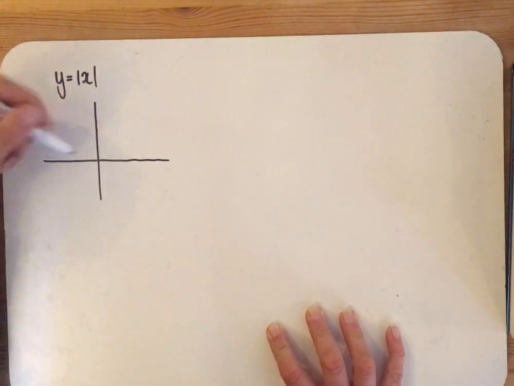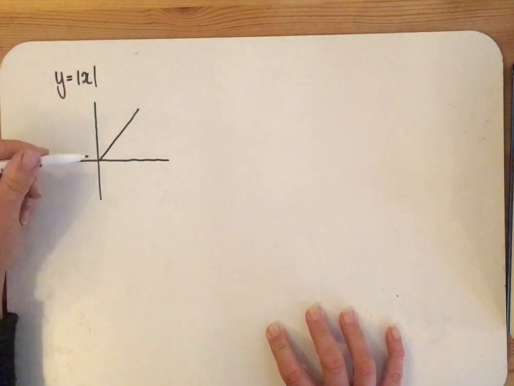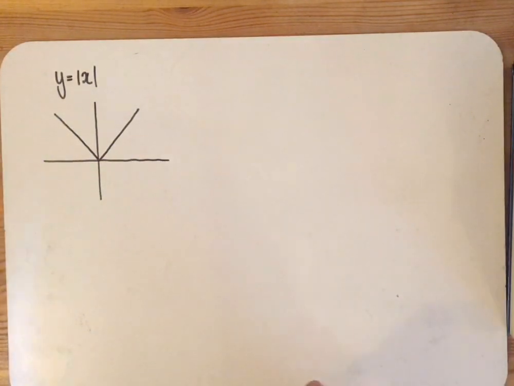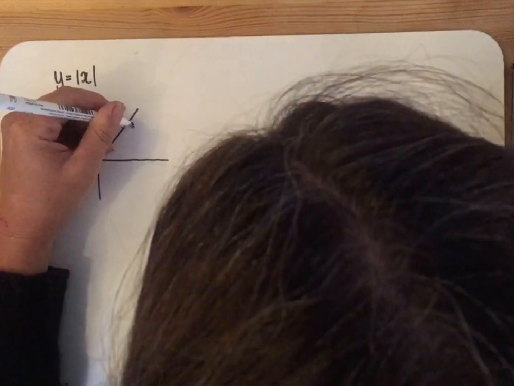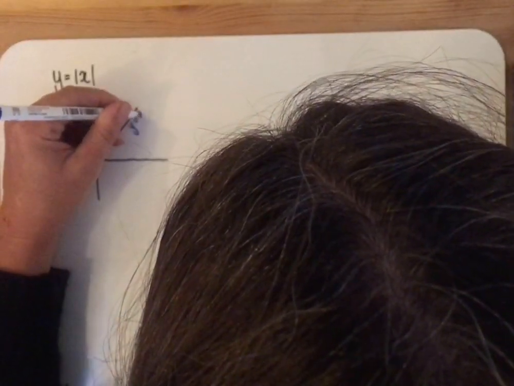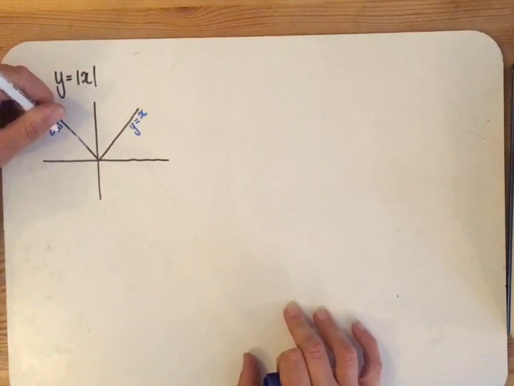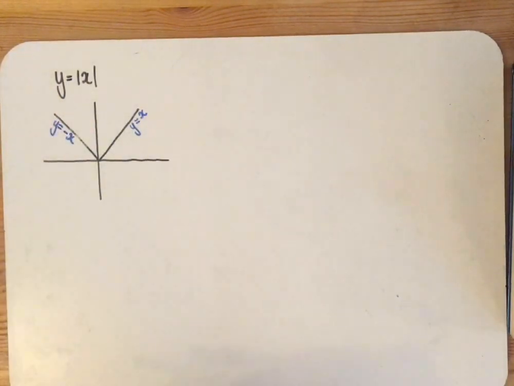When x is greater than or equal to 0, modulus of x is x. When x is less than 0, the modulus of x is minus x. So the equation of this line segment is y equals x, and the equation of this one is y equals minus x. This is important because we need to come back to this when we do equation solving in a bit.